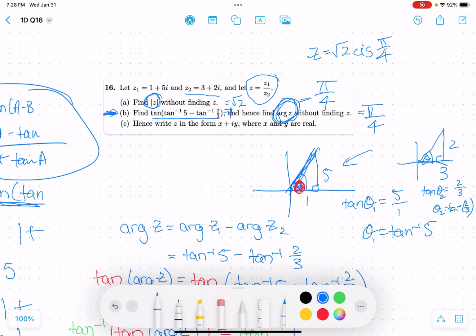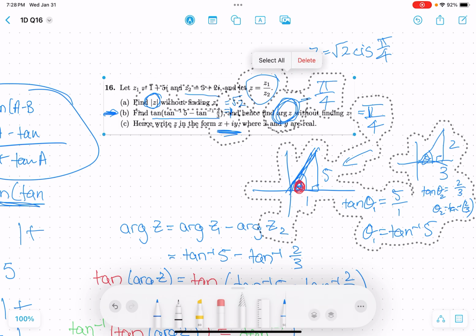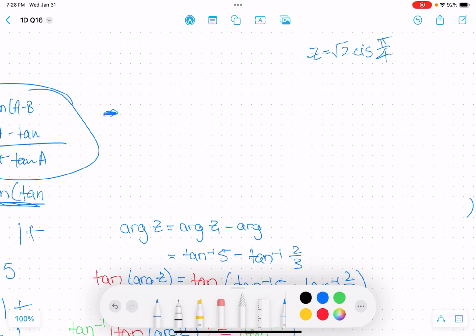So hence it does say write it in Cartesian form, x plus iy. Now I've got that, Cartesian form, of course, would be root 2 cos of pi on 4 plus i sine of pi on 4.